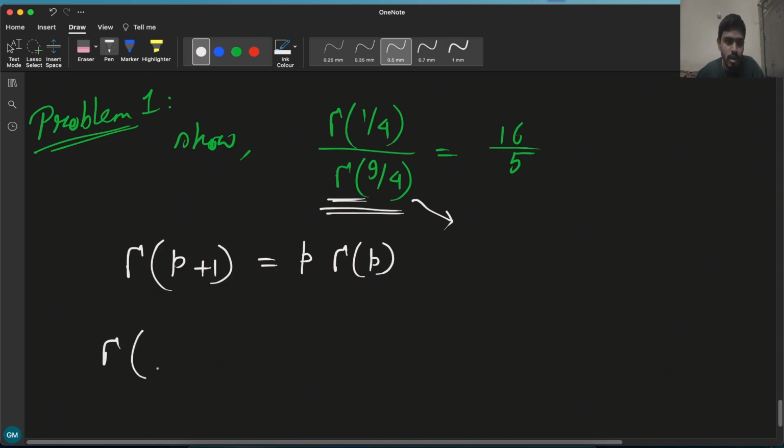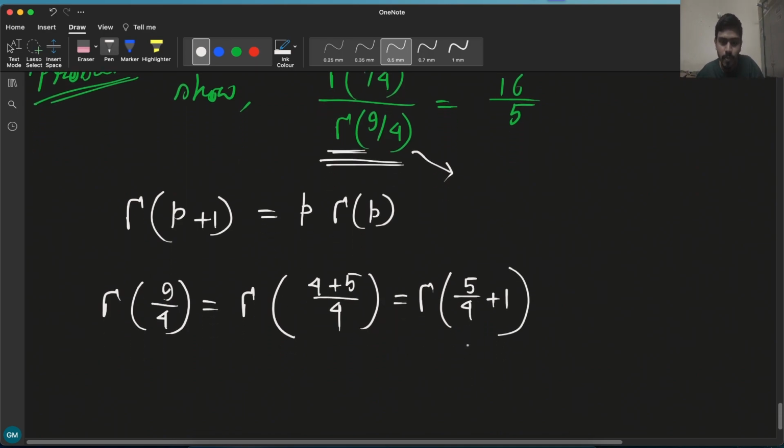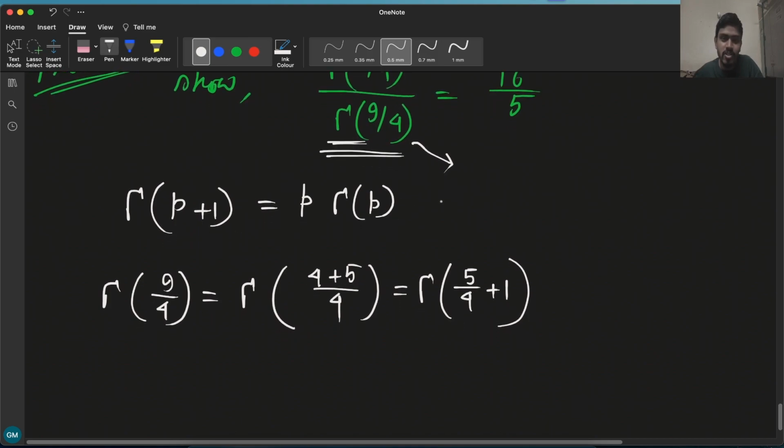If I start from gamma 9 by 4, I can write it as gamma of 4 plus 5 by 4. 9 I can write as 4 plus 5, which is nothing but gamma of 5 by 4 plus 1, right? 4 by 4 is 1. Following this recurrence relation, this is p basically now. So it is gamma p plus 1, which equals p, that is 5 by 4, times gamma p, that is again gamma 5 by 4.